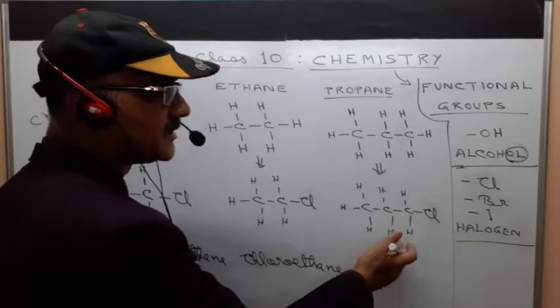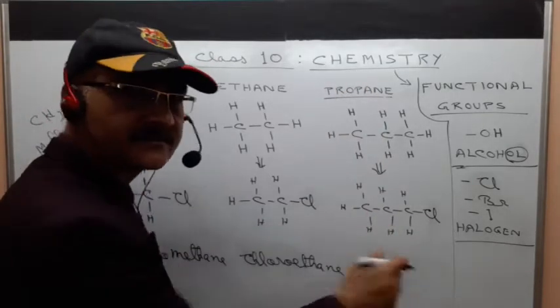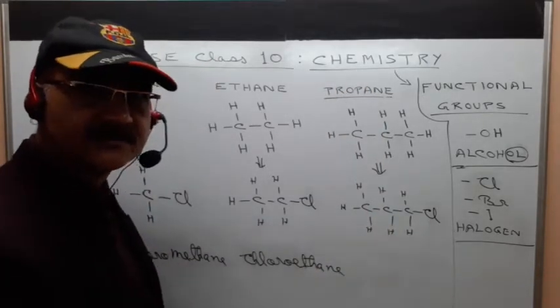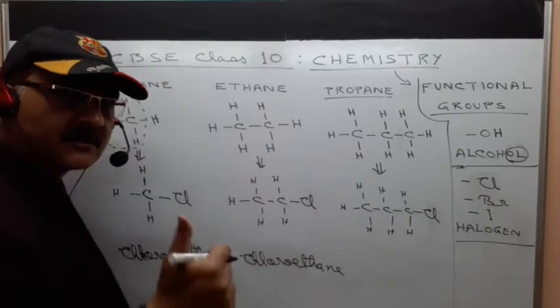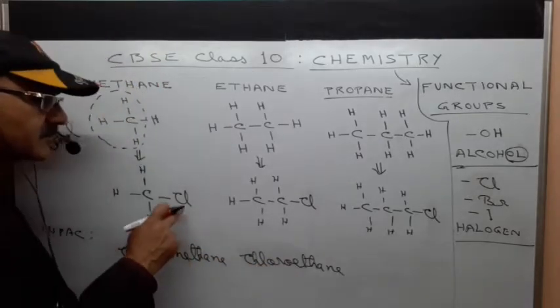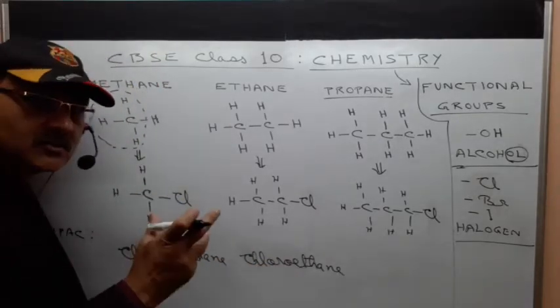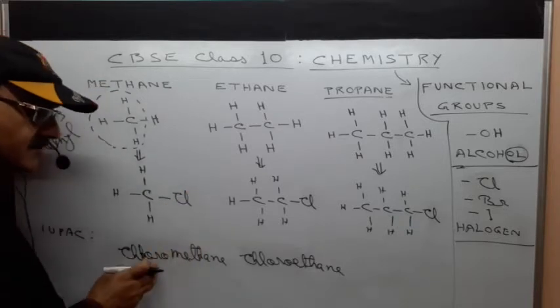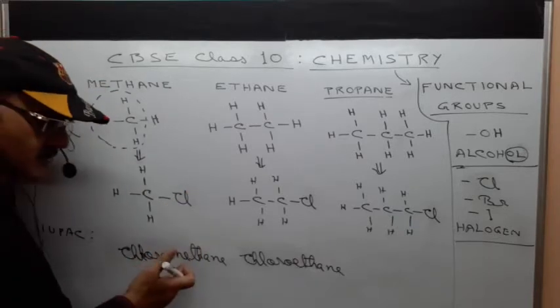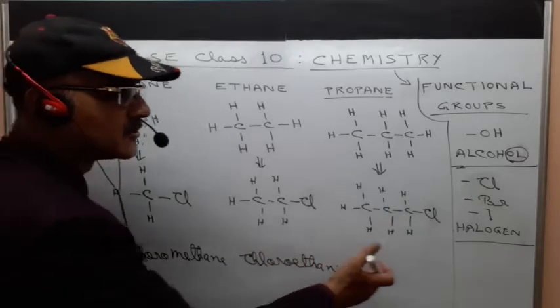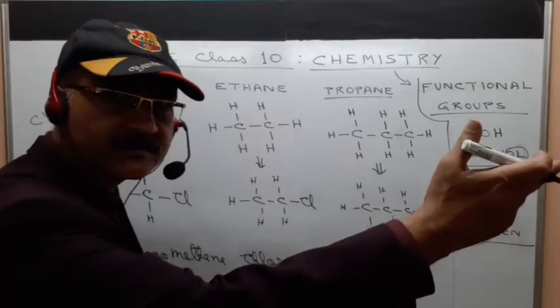Similarly, this will be chloropropane. Clear? Simple. You have to remember that for chlorine, we write chloro, and that is used as a prefix. So chloromethane, chloroethane, chloropropane, chlorobutane, like that.